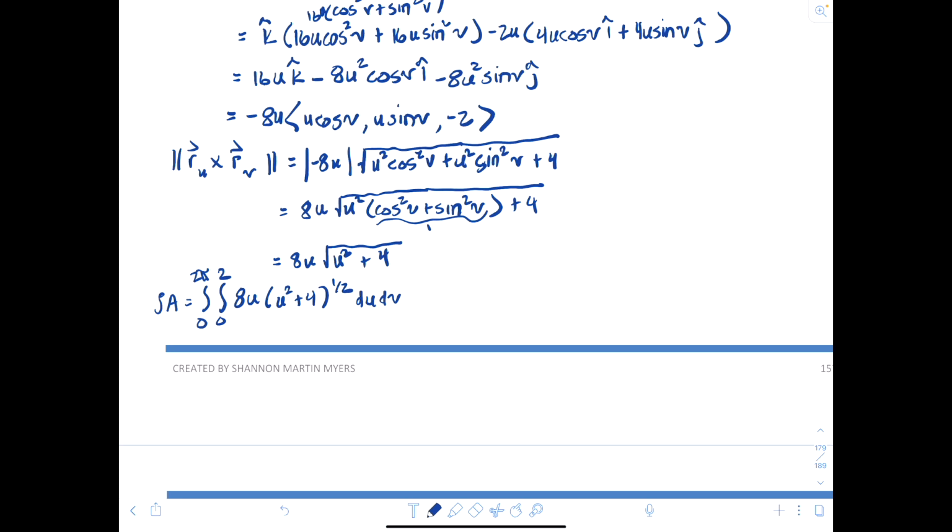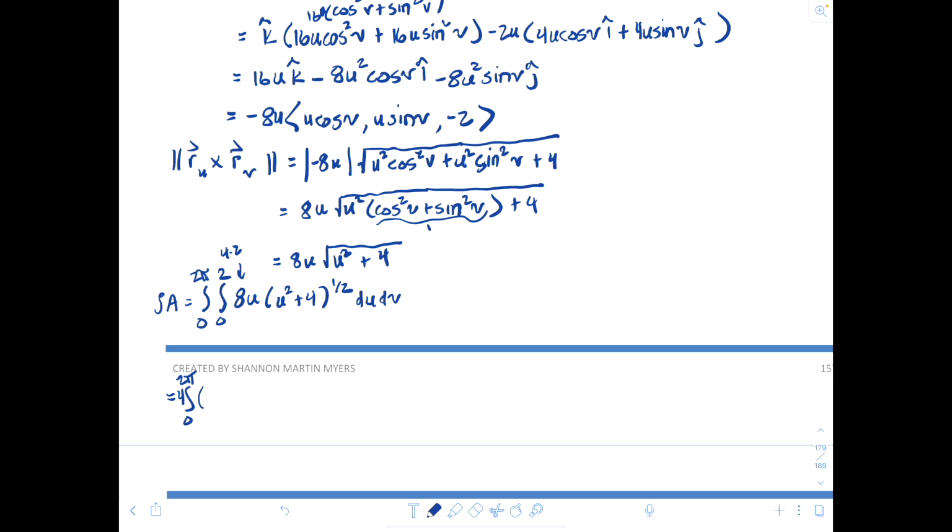So that's going to equal the integral from 0 to 2 pi of, so I need to have a 2u in order to integrate. So if I just factor out a 4, right, because 8 is 4 times 2, I'll have what I need for the integration.